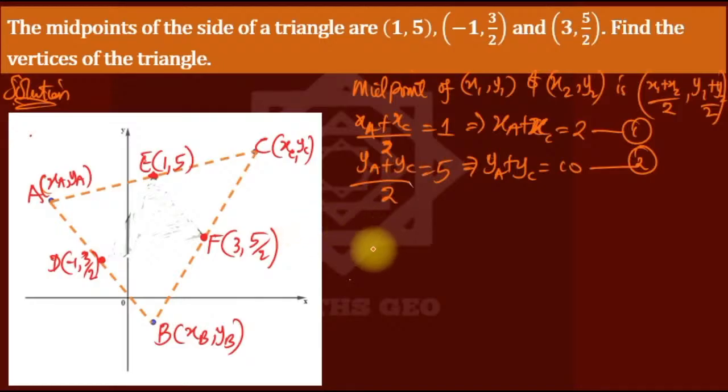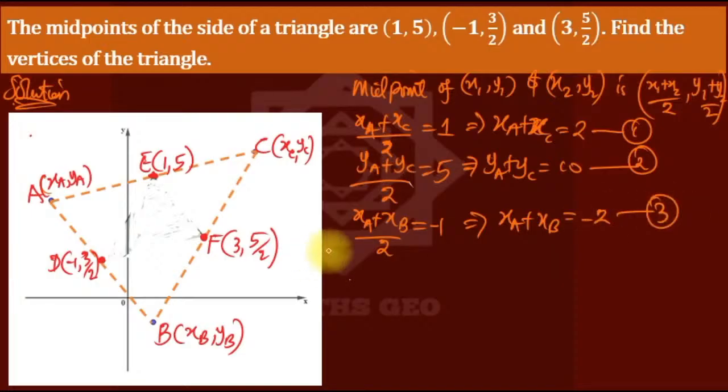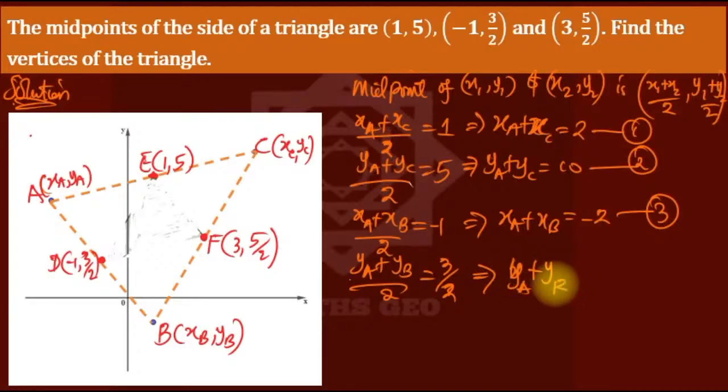Let's move to AB. The midpoint of AB for X, XA plus XB over 2, is equal to -1, which implies that XA plus XB is equal to -2. We call it equation 3. YA plus YB over 2 will now give us 3 over 2, which implies that YA plus YB must give us 3, equation 4. So we are done with side AB.